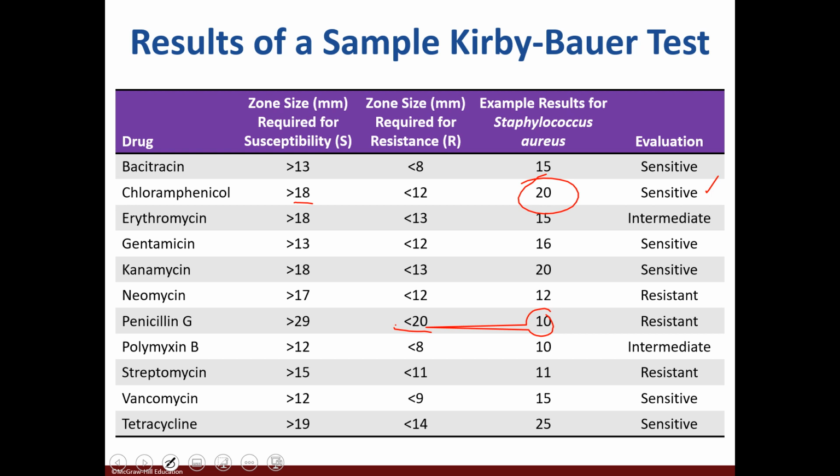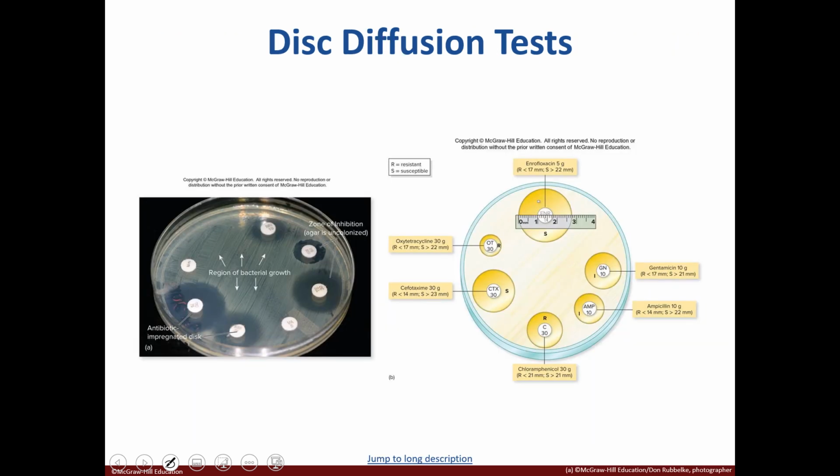The penicillin G did not work on the bacterium. This is an example of a lawn of bacteria on the agar along with the disc. You can see the zones, which is what would be measured.